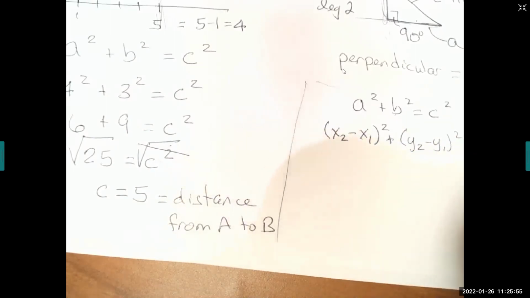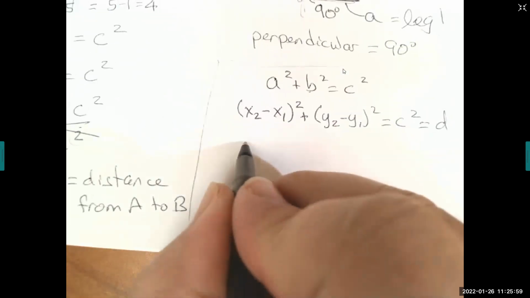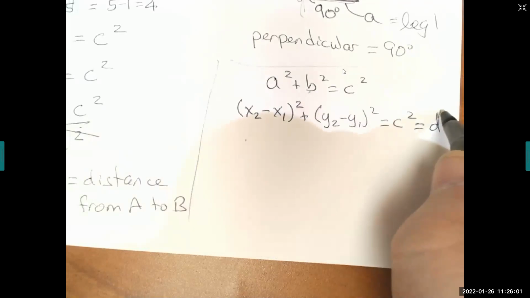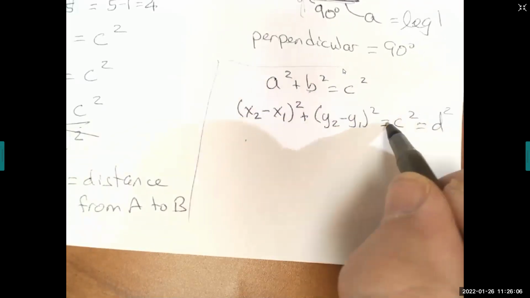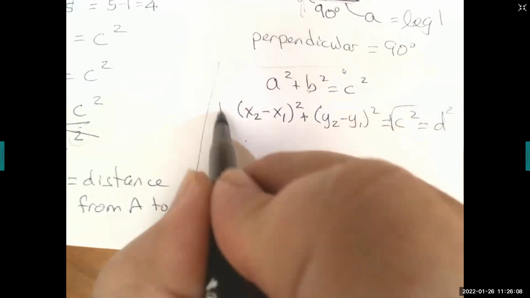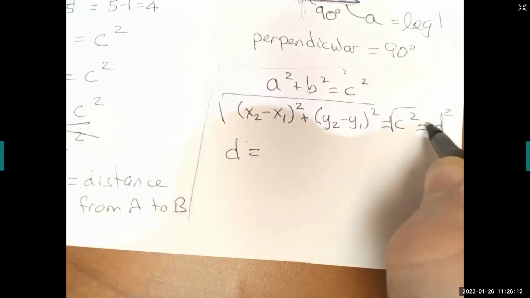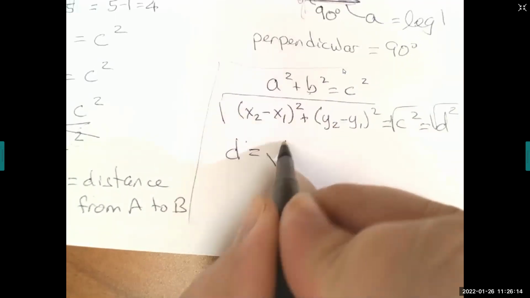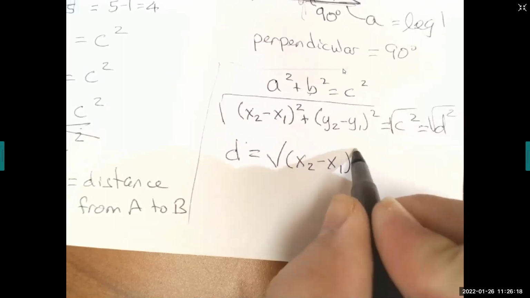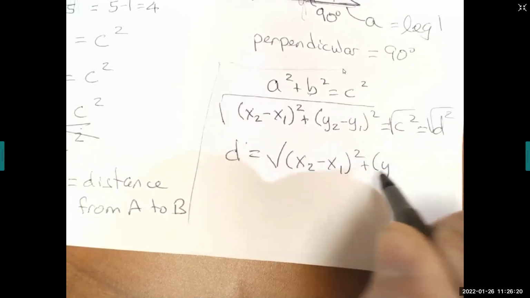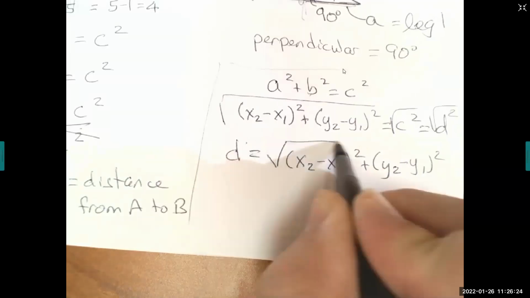That equals the distance. We have to get rid of the square, so we square root both sides. So the distance formula is the square root of x2 minus x1 squared plus y2 minus y1 squared.